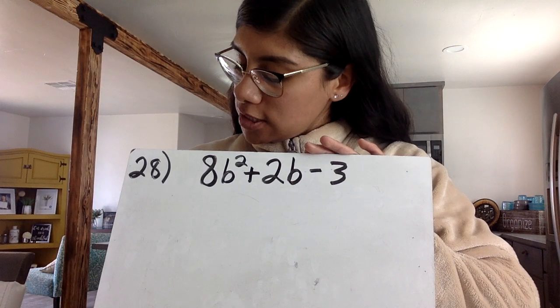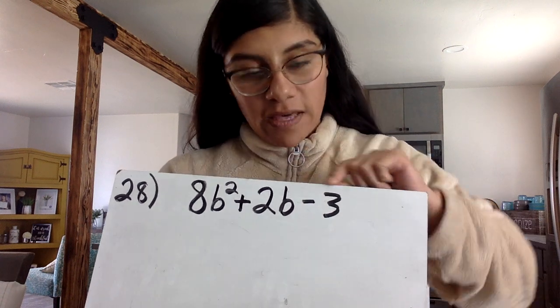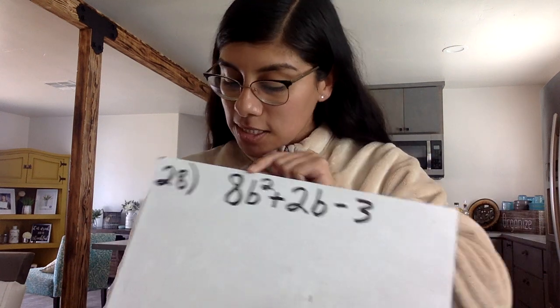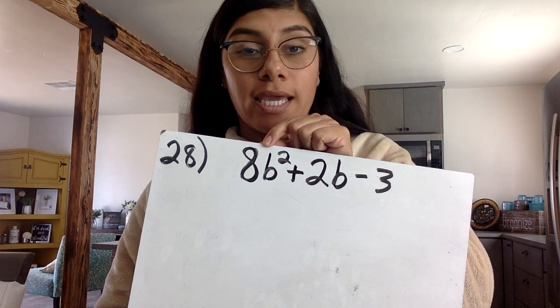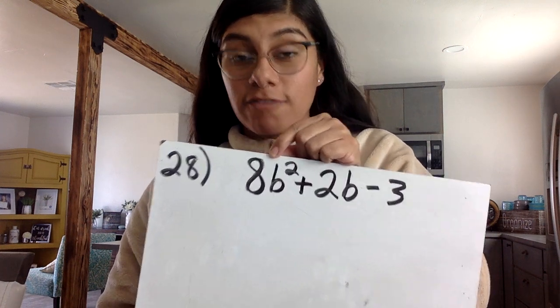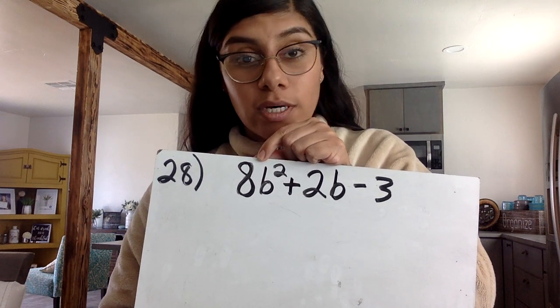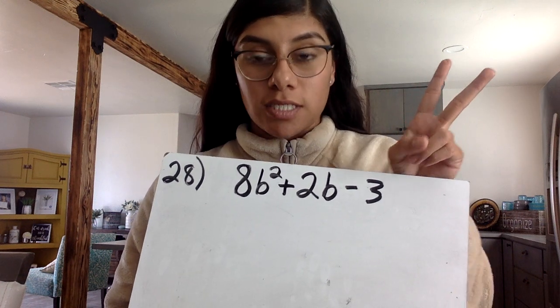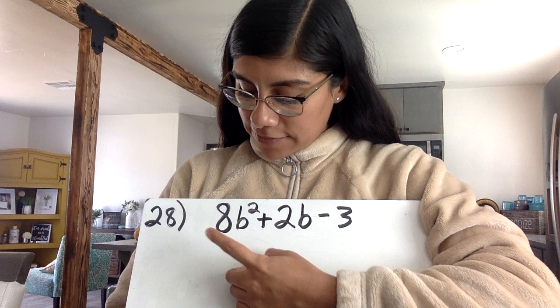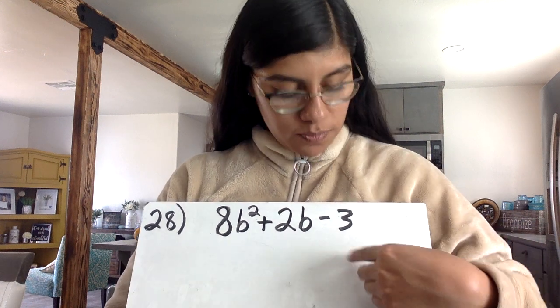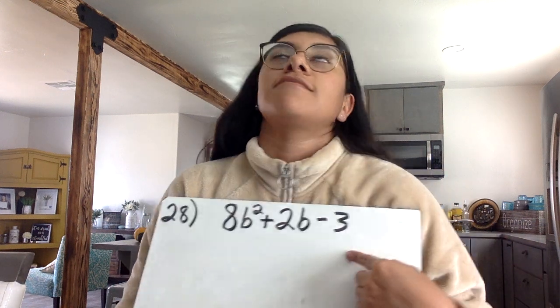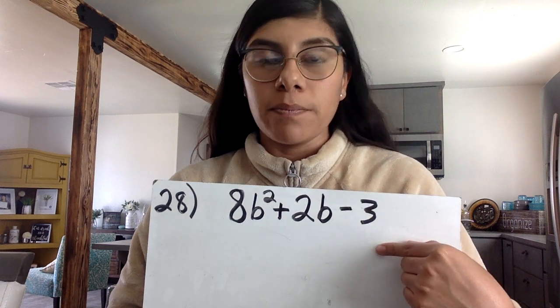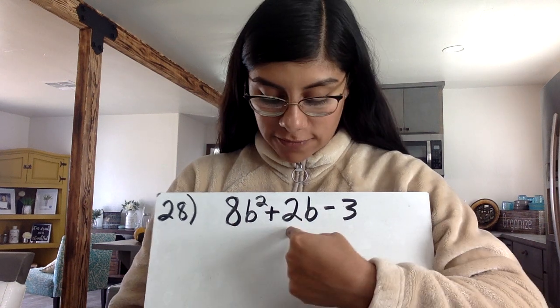So if I'm taking a look at this polynomial and I want to factor it, the first thing that I notice is my first term right here. There's an 8 right there. If my leading coefficient is not 1, I cannot use X method right away. So then the second thing I'm going to check: I have an 8, a 2, and a 3, and I have to think, is there a number that I can factor out from each one of these?